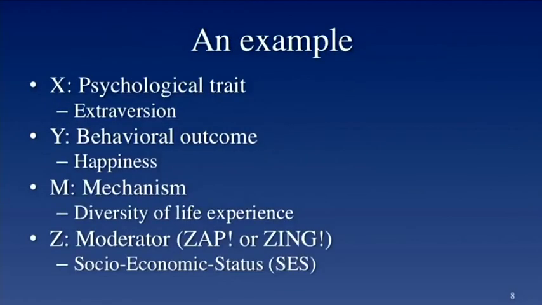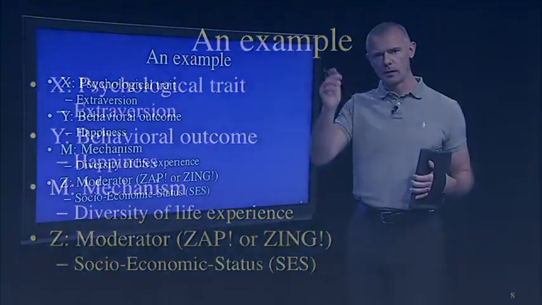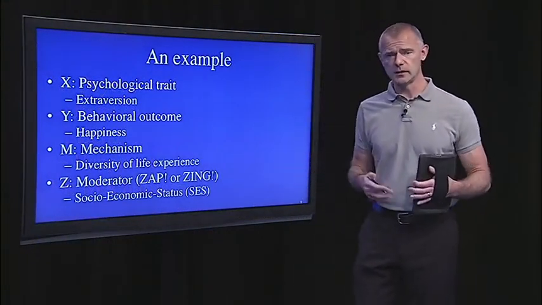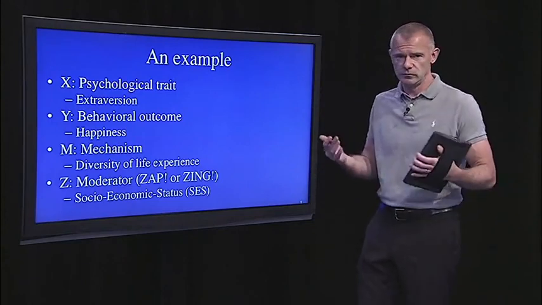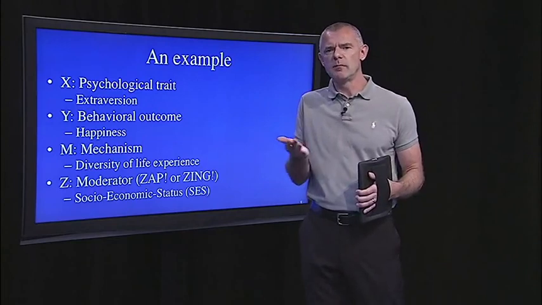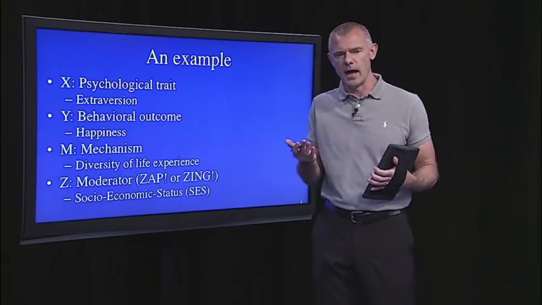So the example we'll use in this first segment is, let's say X is some psychological trait, say extroversion, and it's correlated with happiness. And this is actually true in a lot of studies. You see a positive correlation such that people who are more extroverted also tend to be more happy on different types of scales. So what's a possible mediator or mechanism of that?